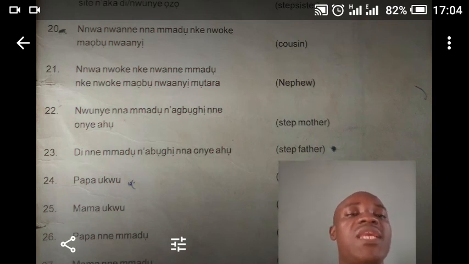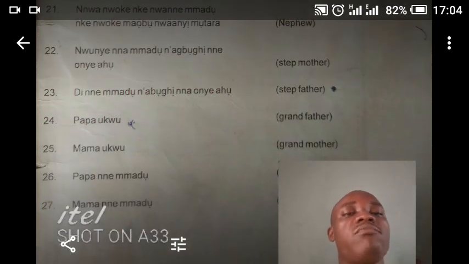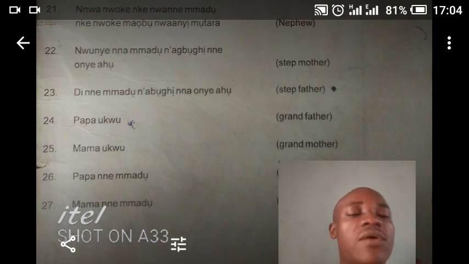This one means nephew. Nwunye nna mmadụ na-abụghị nne onye ahụ. This one is stepmother. The next one is di nne mmadụ na-abụghị nna onye ahụ, means stepfather.